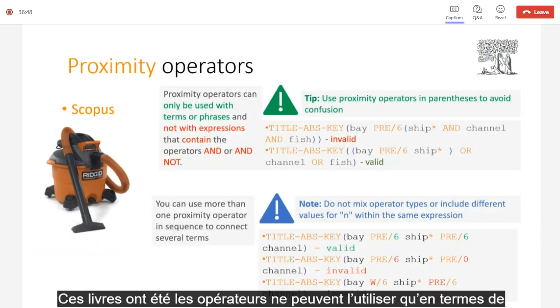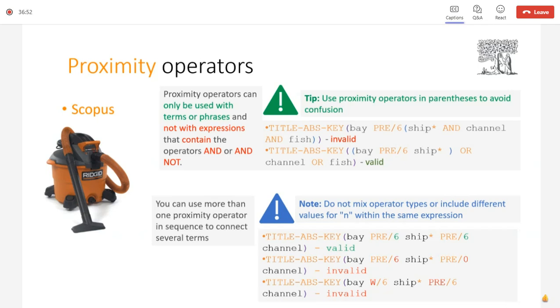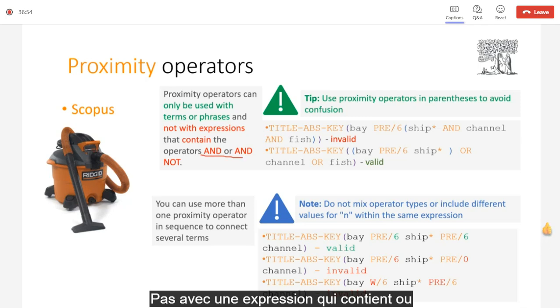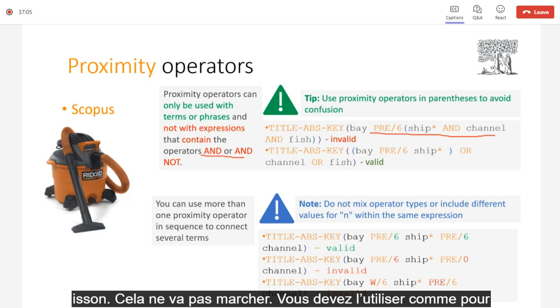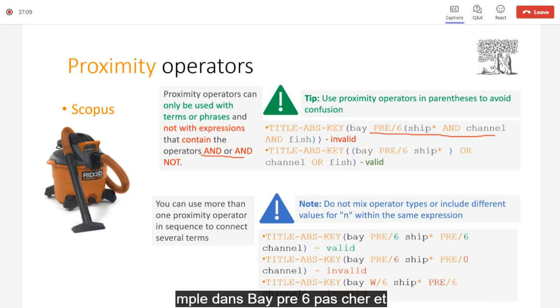There are some rules on it. These proximity operators can only be used with phrases, not with expressions that contain AND, OR, and AND NOT. Okay, so this is invalid: PRE chip AND channel AND fish. This is not going to work. You need to use it like, for example, in bay PRE chip, and you can use a star as well.